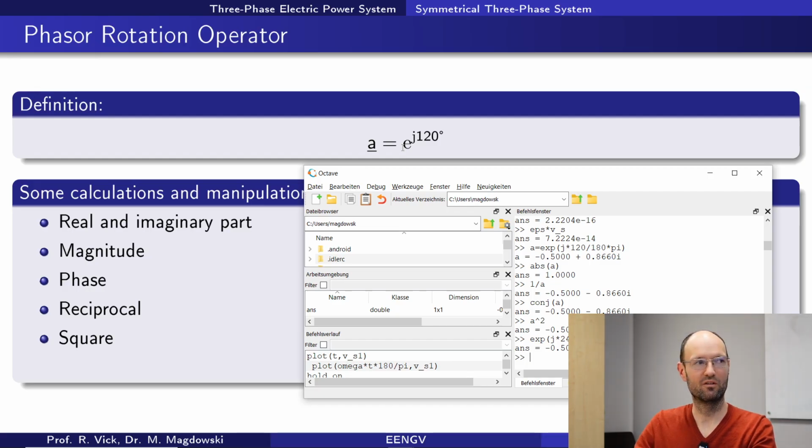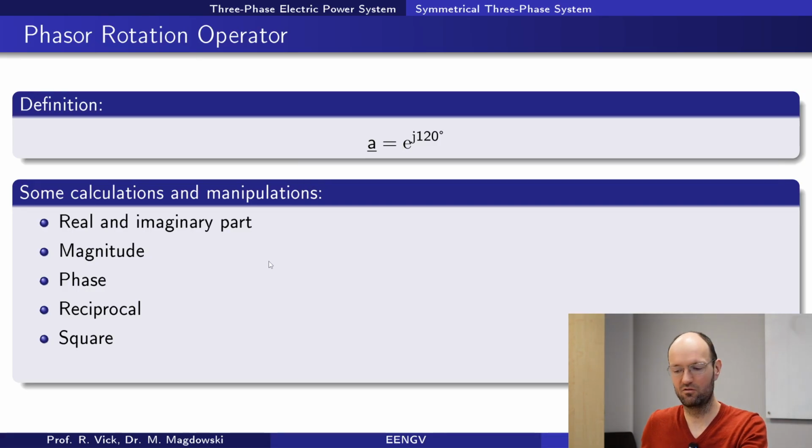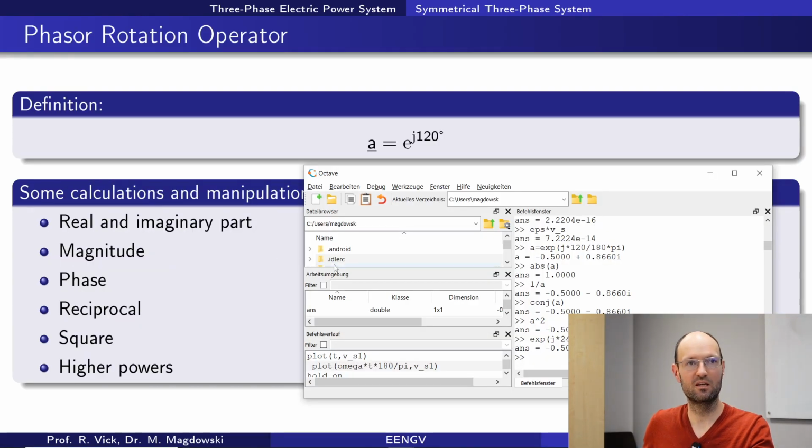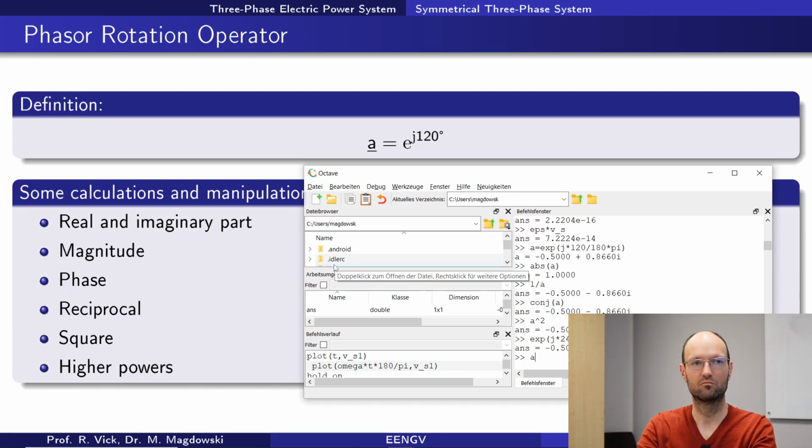Okay, and so if we take higher powers, if I would take a to the power of 3, what would you expect then? Three times 120 is 360, so we should get 1.